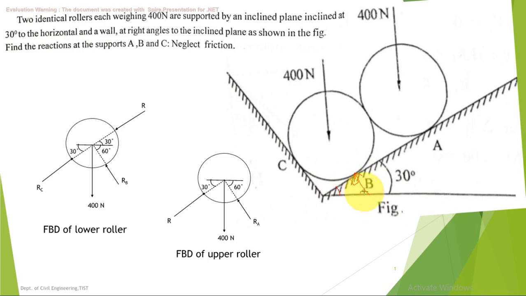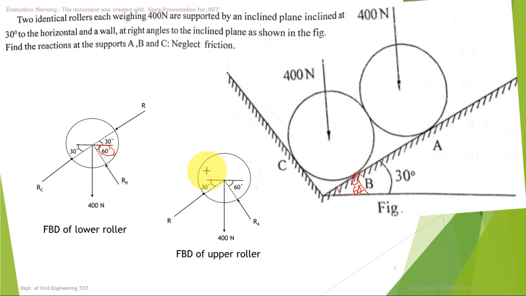So what will this angle be? It will be 60 degrees, because the sum of angles in a triangle is 180 degrees. That means the angle between RB and horizontal is 60 degrees, so I have marked RB and horizontal as 60 degrees.